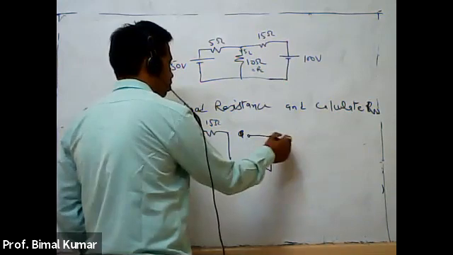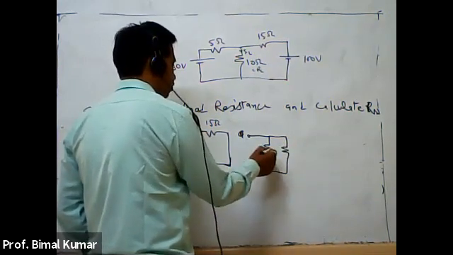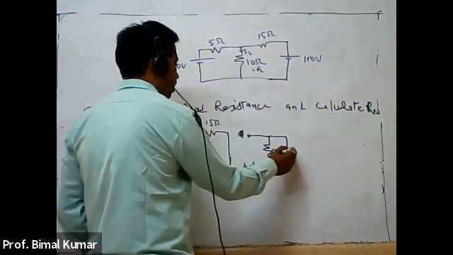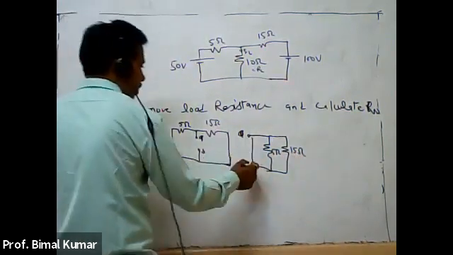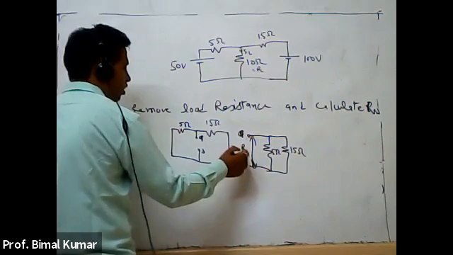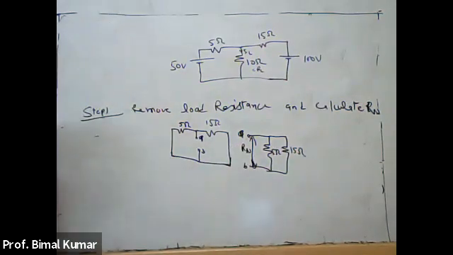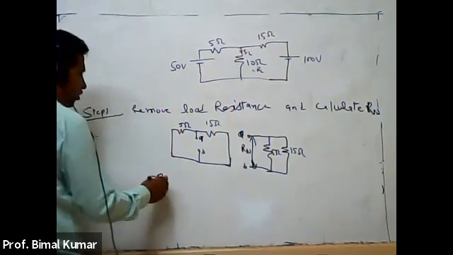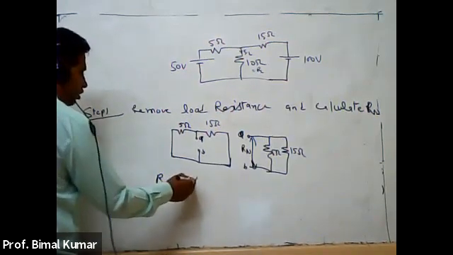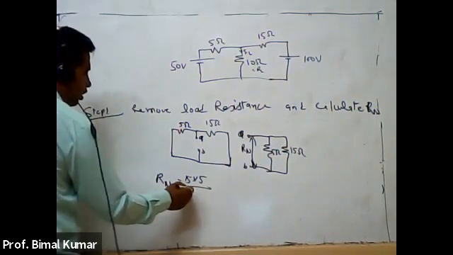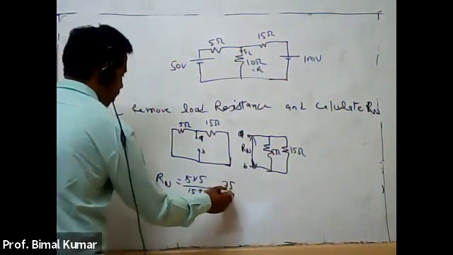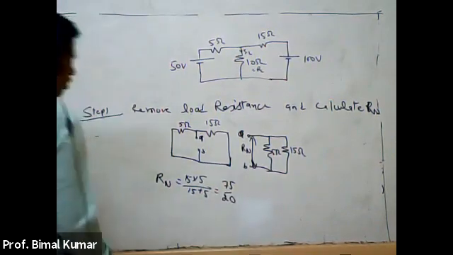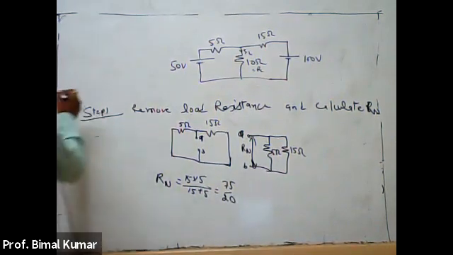By the similar methodology, this will be your 5 ohm and 15 ohm. These two are in parallel. So Rn is equal to 15 into 5 divided by 15 plus 5, right? So 75 by 20. This is your value of Rn.